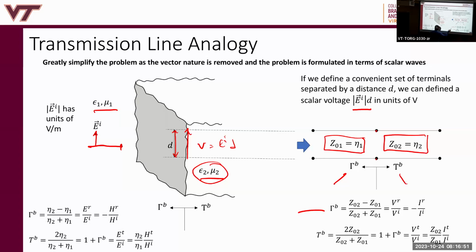It's the exact same formula we derived considering fields and vector nature of the waves and applying boundary conditions. That's how you get to these anyway, right? But these you probably memorized when you first learned them. So it's a much more familiar way to solve these. And the transmission coefficient is 2Z02 over Z02 plus Z01. So you've already seen these equations in your previous classes, all right?